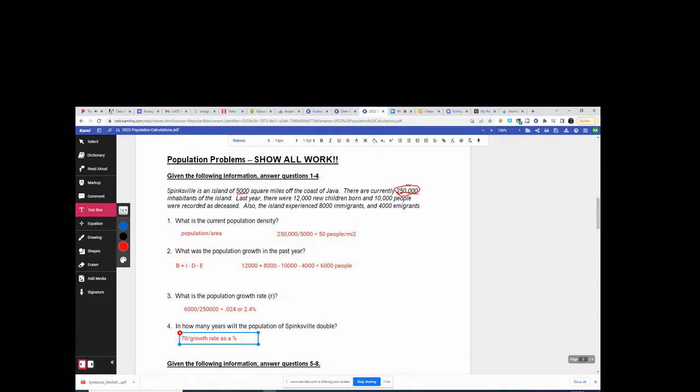It's 2.4. So 70 divided by 2.4 equals 29.17 years. So it'll take 29.17 years for Spinksville to go from 250,000 people to 500,000 people.